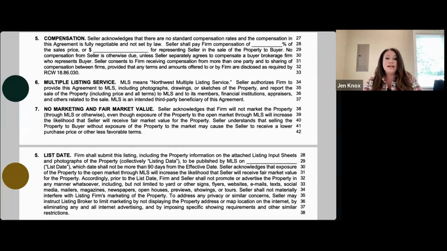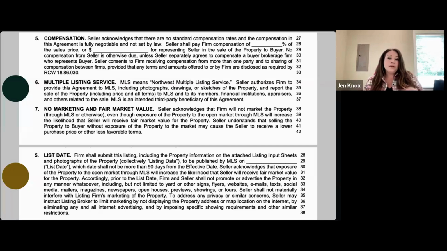However, if a seller decides they want to go live and they want the exposure of the Northwest MLS, they are completely prohibited from doing any pre-marketing. This is actually one of the biggest violations that I've noticed within the last 30 days. When I looked back at the Northwest MLS, they list all the violations that different firms have had, and pre-marketing is actually one of the biggest violations that comes up.